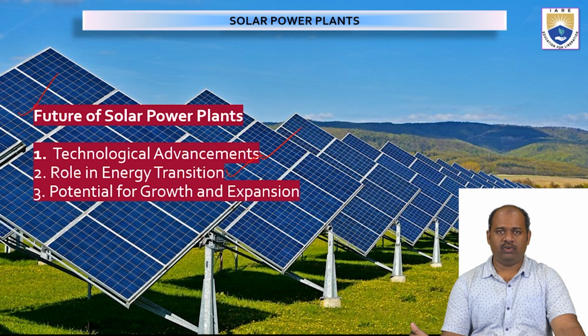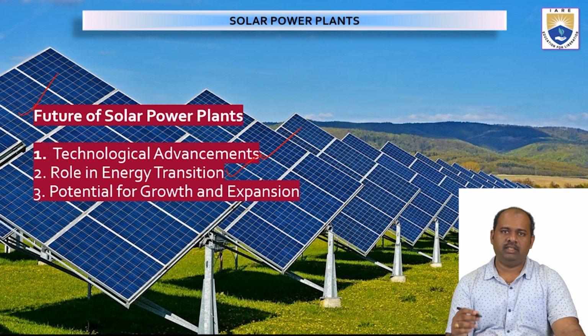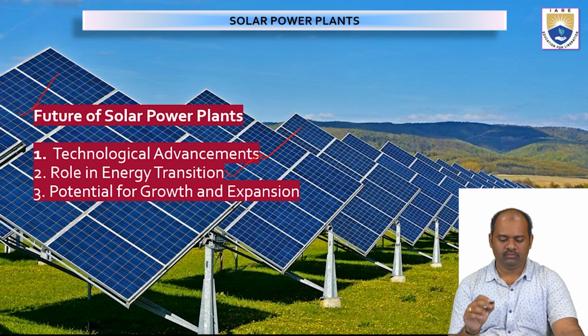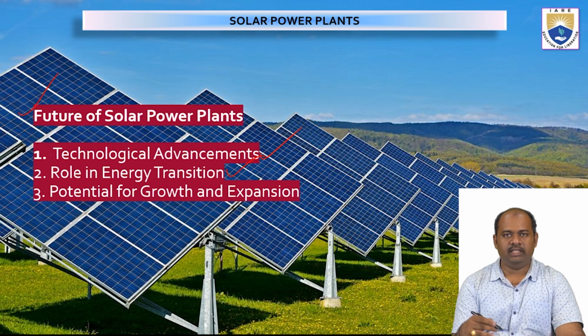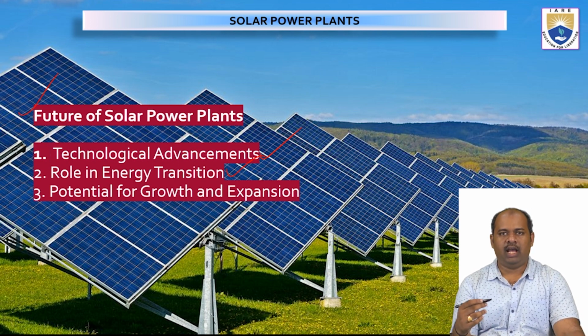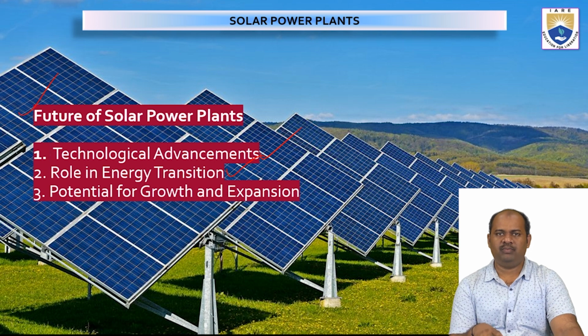The entire solar power plant is much less expensive when compared to a coal power plant. So the energy transition which should be happening now has to follow the solar power plants. Other things will be there too, but solar power plants and solar energy conservation is one thing where the energy transition can be possible.